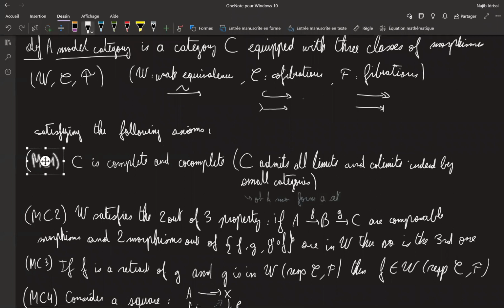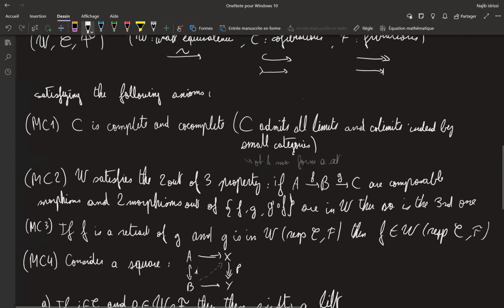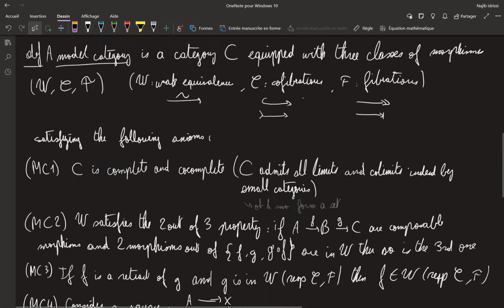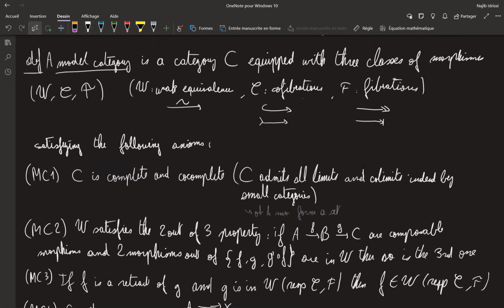Also, the axiom MC1 used to be slightly different, and what I'm defining now Quillen used to call a closed model category. But nowadays, people don't really use non-closed model categories. So this is what people call model categories now. Nobody uses the adjective closed anymore, but if you read an old paper, it's possible that you read closed model category, and this is a closed model category, right?